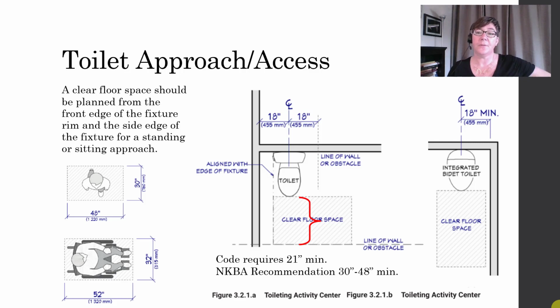So if you take a look at this illustration here, it's required that you provide this clear floor space. Code requires only 21 inches. The NKBA recommends at least 30 inches up to 48 inches, depending on the specific approach.